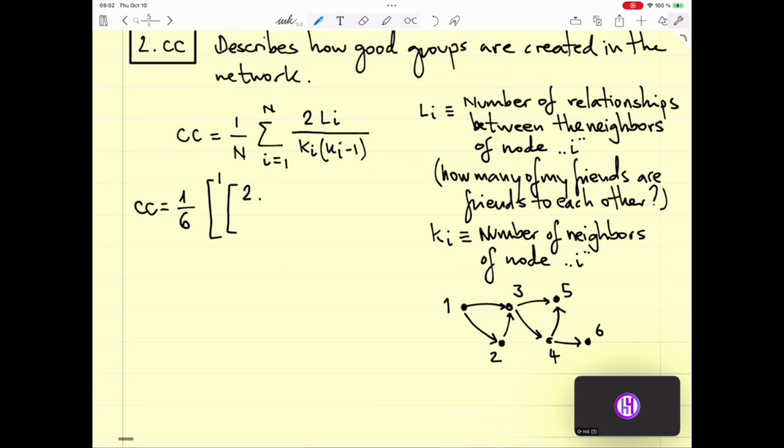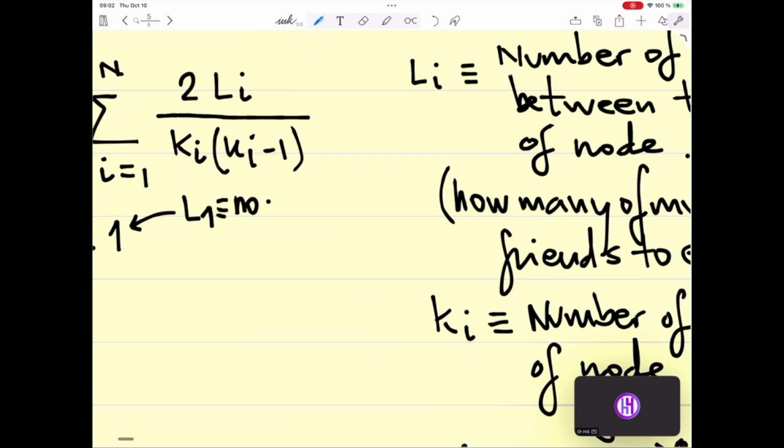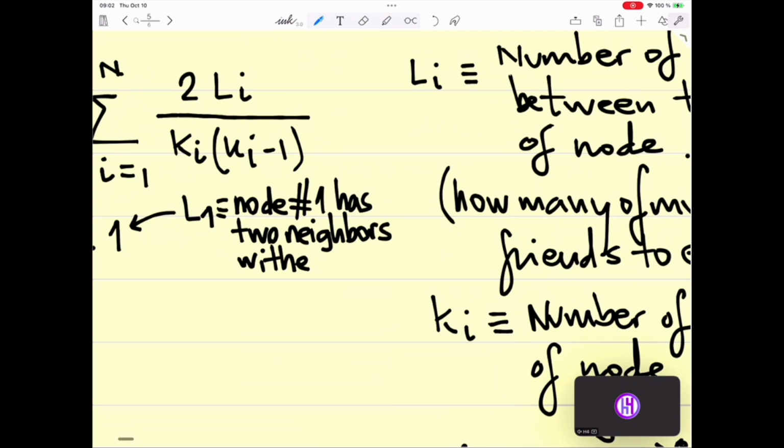2. Which are 3 and 2, right? How many relationships do they have to each other? 1. Okay? So L sub 1 is 1. This is L sub 1. Node number 1 has 2 neighbors with 1 relationship.